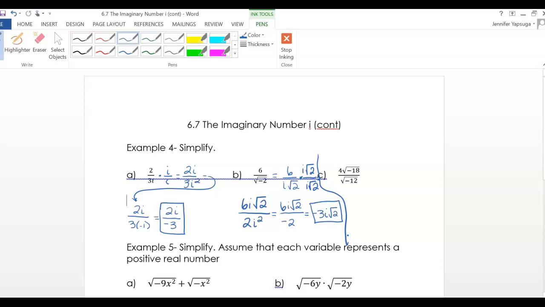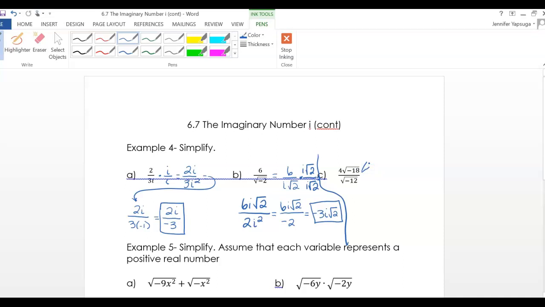Okay, so the first thing that we're going to want to do again is simplify this in terms of imaginary numbers. So we're going to think back to our list of perfect squares, and we're going to need to break down this square root of -18.